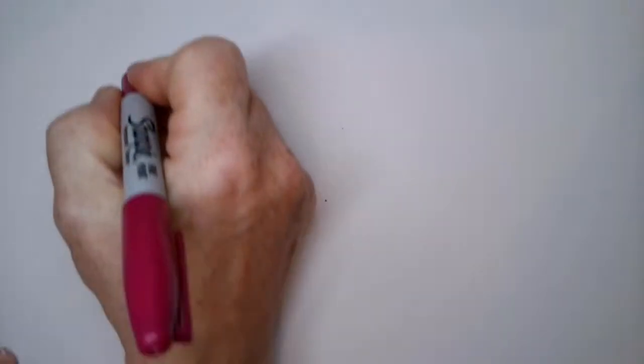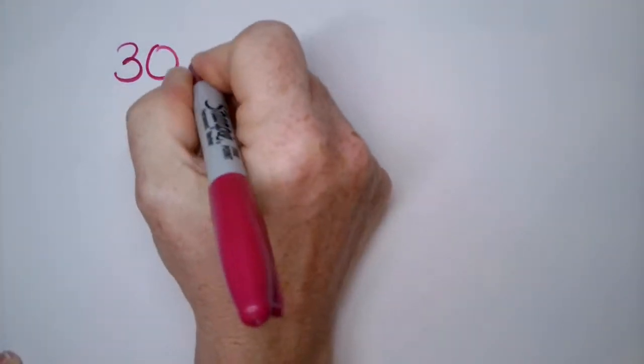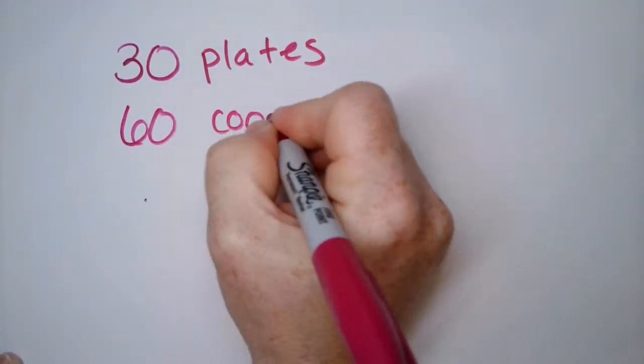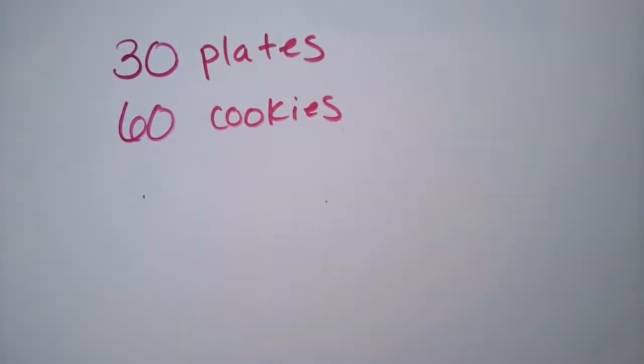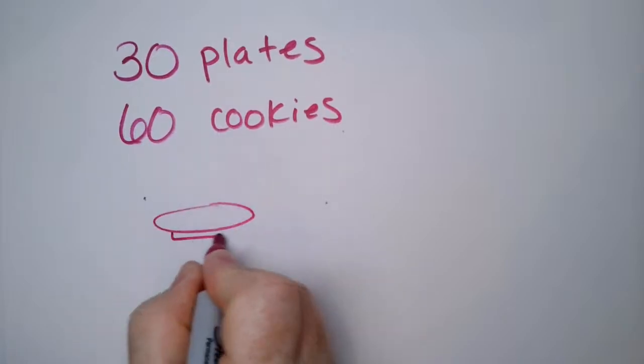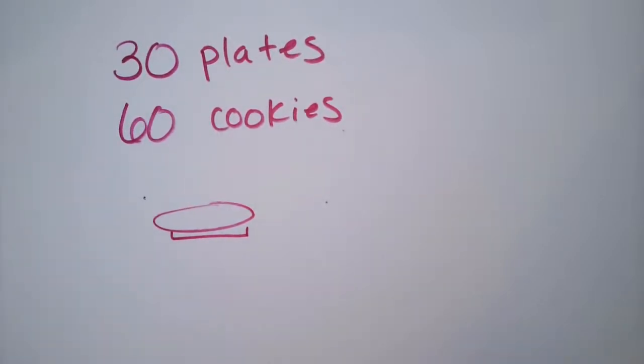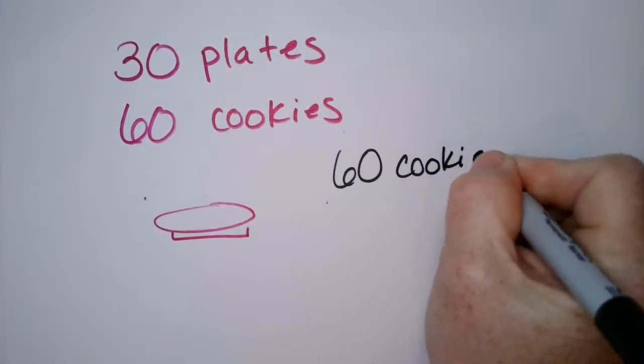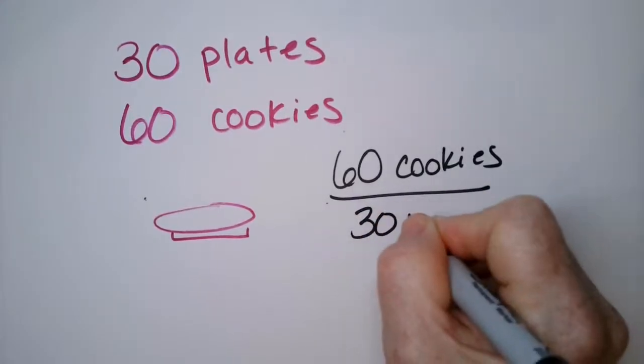Okay, let's write it down. I have 30 plates and 60 cookies. Which number is bigger? Yeah, the 60. Okay, so here's a plate, and I am going to make it even. I'm going to put 60 cookies on 30 plates.